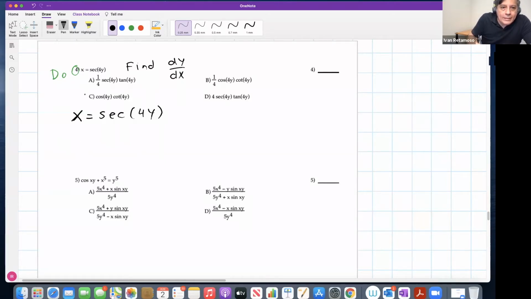And the hint is to start by taking derivatives on both sides. The derivative here of x with respect to x, and here the derivative with respect to x of this part, secant. It's a little bit tricky, guys, but I hope you can handle this for y.